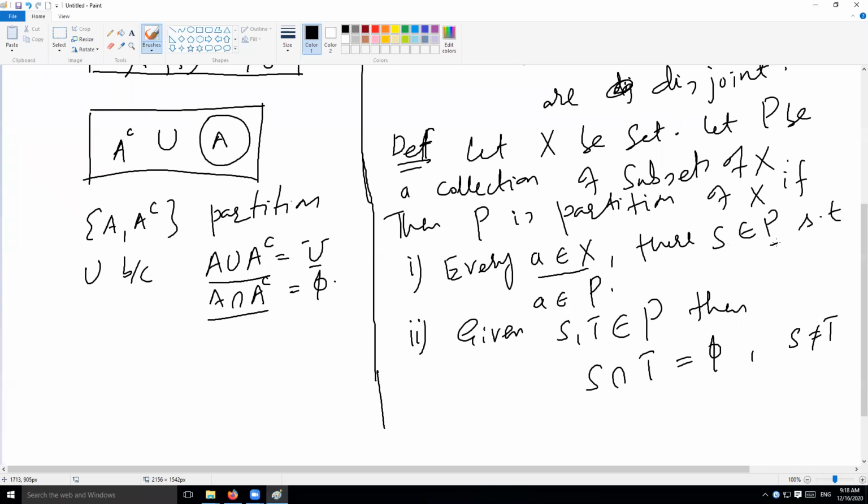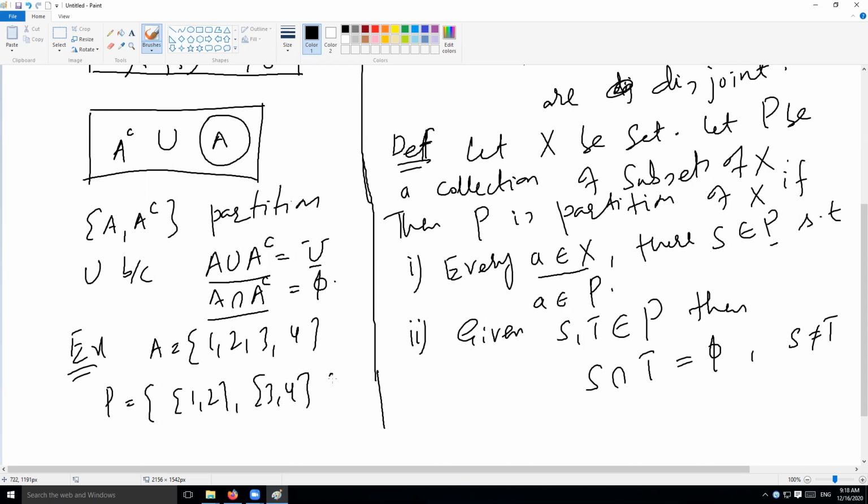For example, let me show this through an example. Imagine I have a simple set, say 1, 2, 3, and 4. Which of these is a partition? 1, 2, 3, 4.